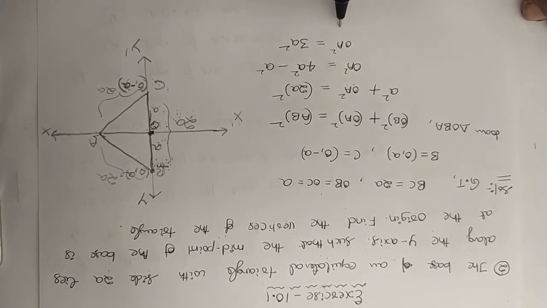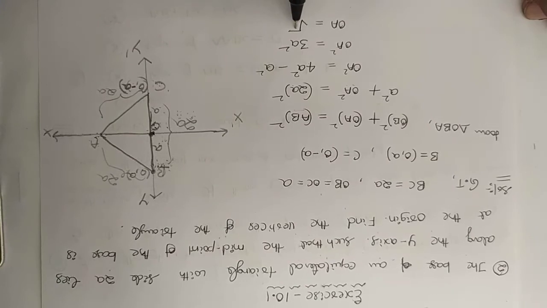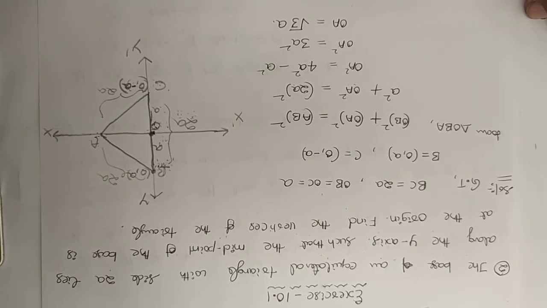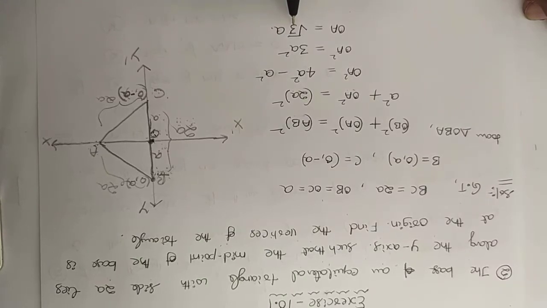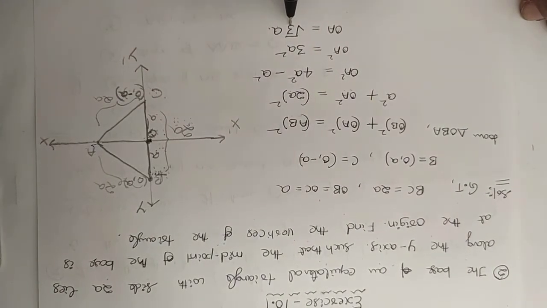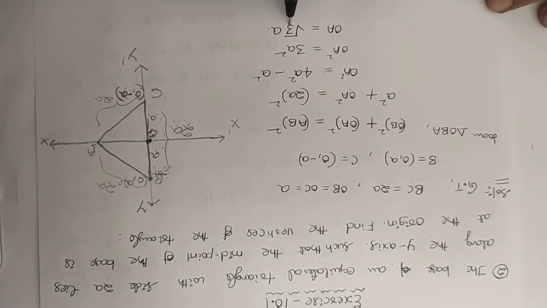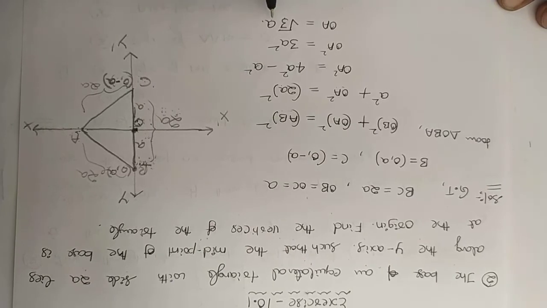Now, I want OA, so apply the square root. Then it will be root 3 into a. This a is not inside the root. Kindly make sure not to make any mistakes while writing.